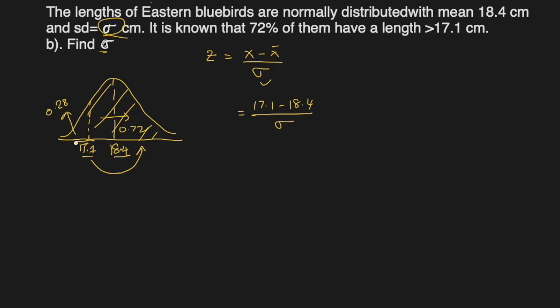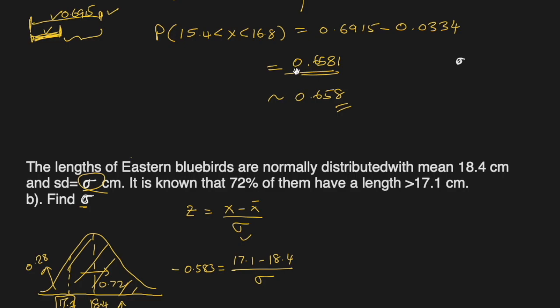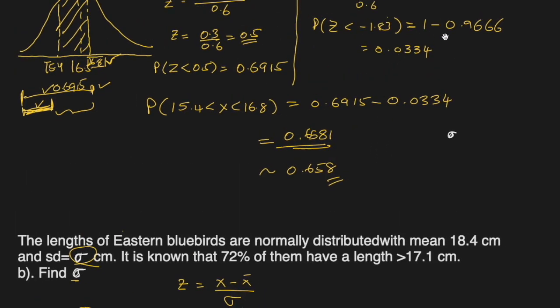But because 17.1 is lesser than mean, we will write minus 0.583. That's how we did in the previous part also. If you remember, look here, this was negative, so that's why we wrote 1 minus this because of Z score.